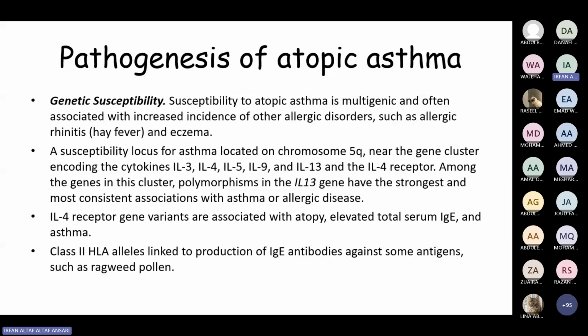So, just a brief revision of the pathogenetic mechanisms we learned so far. The first thing is genetic susceptibility. Usually other allergic disorders like allergic rhinitis and eczema will be there in this patient.